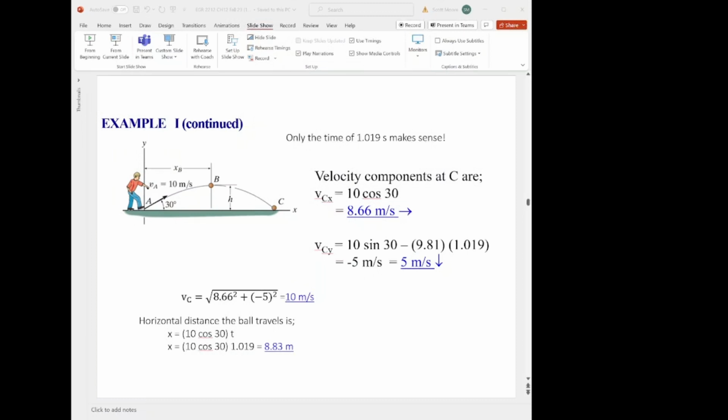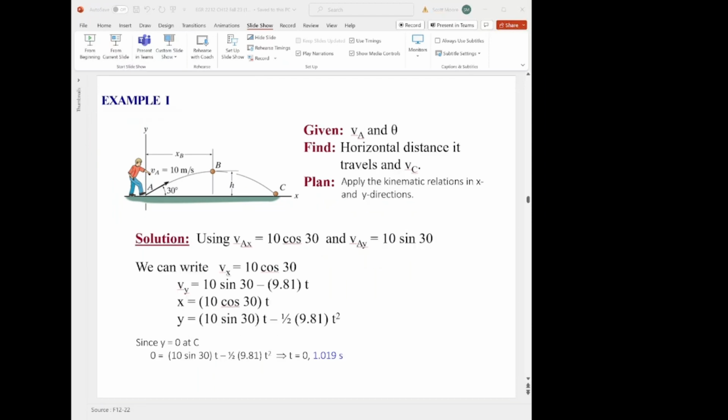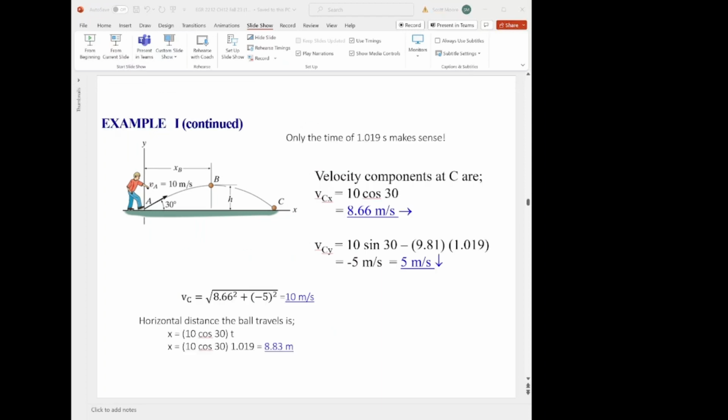So we have a velocity component in the x direction, which is essentially just our initial velocity in the x direction, since there's no acceleration in the x direction. Then we solve for our velocity in the y direction, putting in the value of t that we solved for. If we do that, it comes out to be 5 meters per second, and in this case, of course, it's heading down.